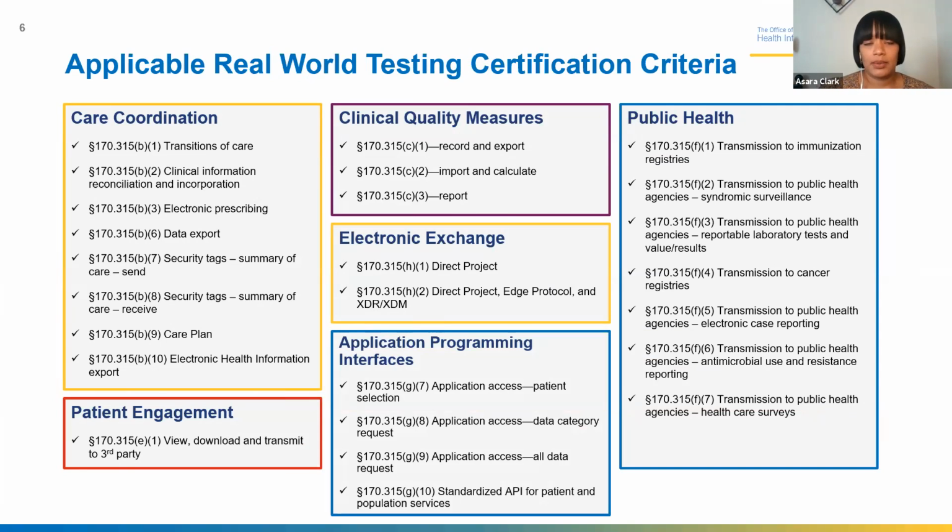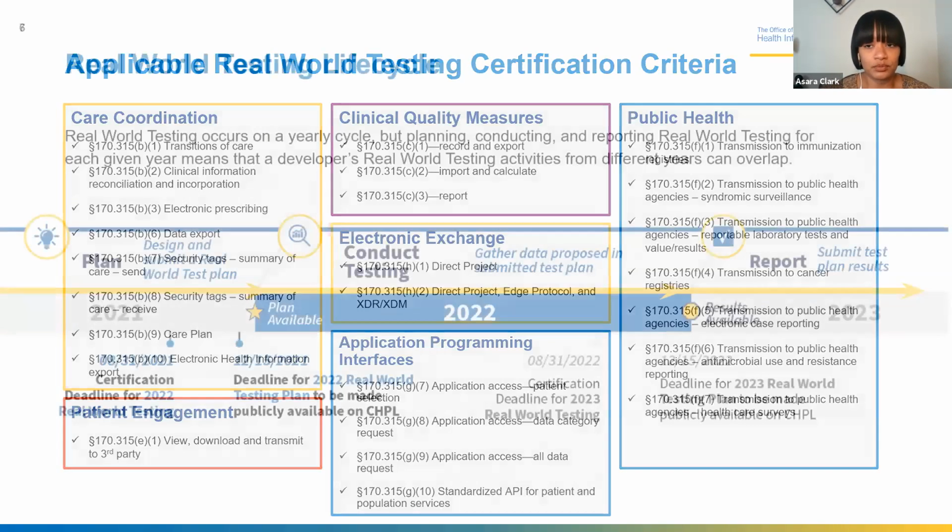So these slides will be made publicly available after the webinar. This is a snapshot of it. Obviously, they're also going to be noted in the final rule, but these are all of the interoperability and data exchange criteria that ONC has included for real-world testing.